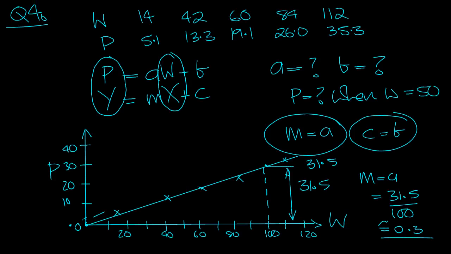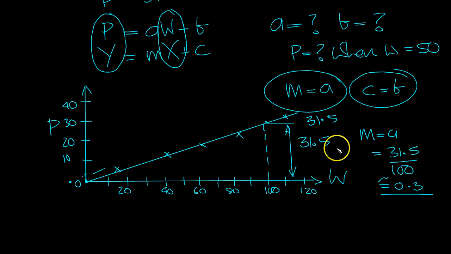So A equals 0.3 then. A is the gradient, B is the intercept, so B would be 0.